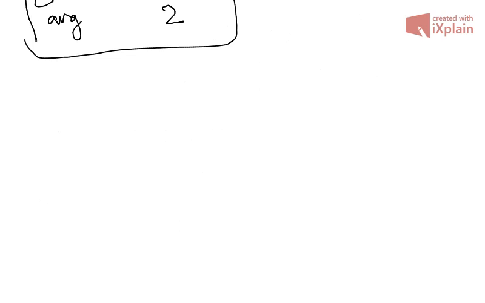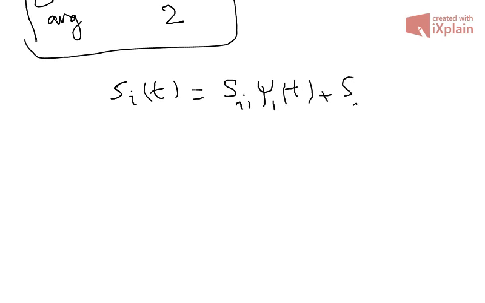You can also write your QPSK symbol, because the QPSK symbol is a two-dimensional signal, as psi1 of t plus psi2 of t.